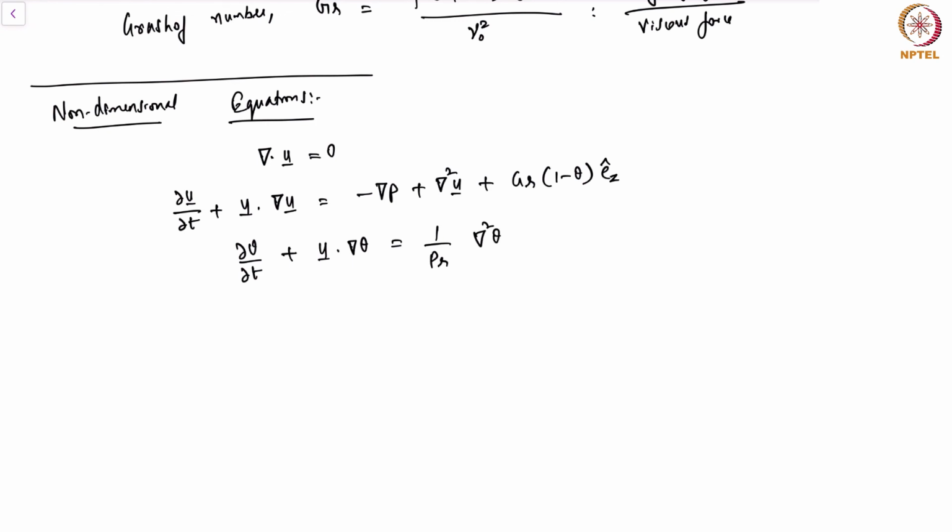So we basically have two non-dimensional numbers that enter the discussion, the Grashof number and the Prandtl number.